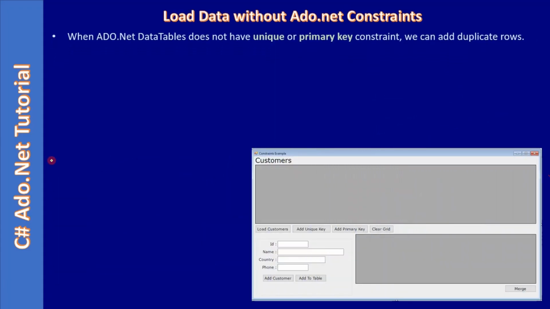When an ADO.NET data table does not have unique or primary key constraints, we can add duplicate rows to the customers grid. In this video, we will load customers from pubsdb. I'm not sure whether it is pubs or Northwind. We will see when we go to the example.